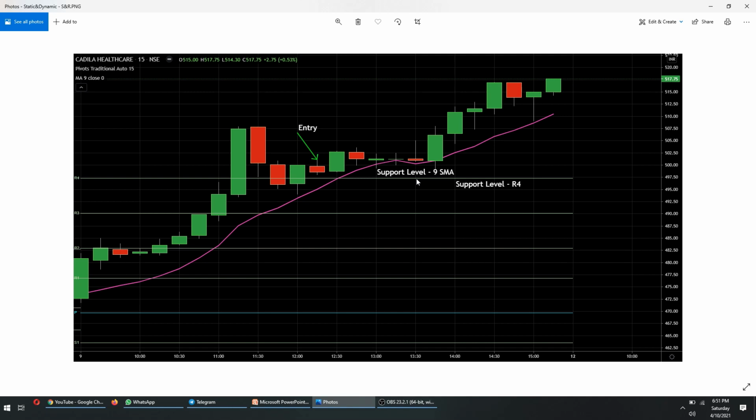All those things will be extracted from these two guys, that is the static support and the dynamic support. Okay, I hope you're getting the point. Okay, so this is how you use both the static and the dynamic support and resistances in order to decide on your trades. Okay, so things are quite simple here.